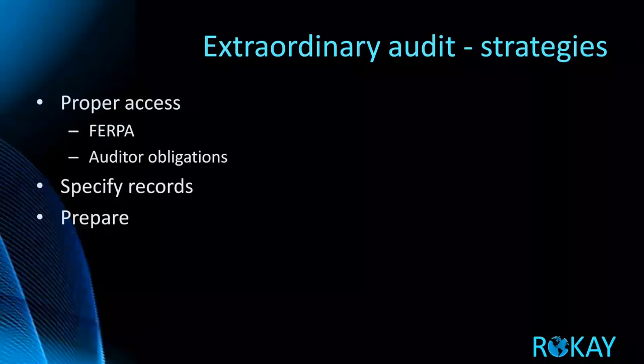First, make sure the auditors have proper authority to access these records. You are still required to meet all FERPA confidentiality and privacy regulations. So before you hand these things over, make sure that these people have the authority to see this stuff. Generally they do, but sometimes they might not.